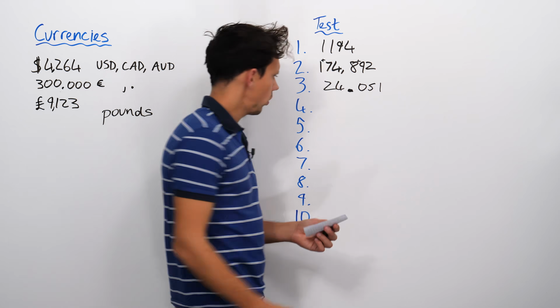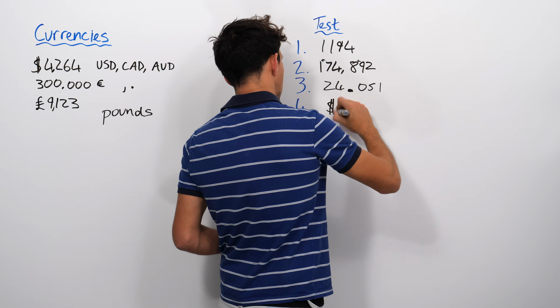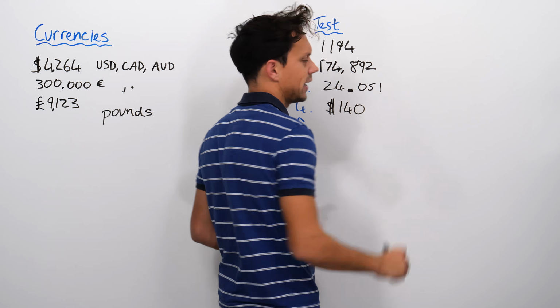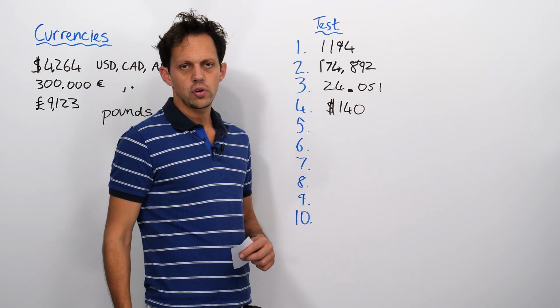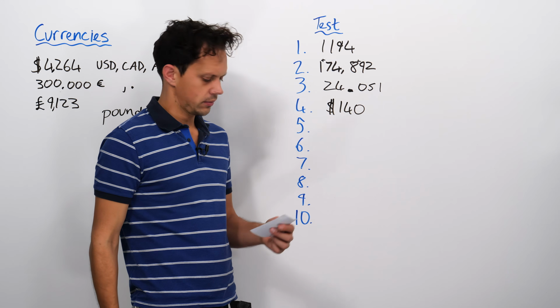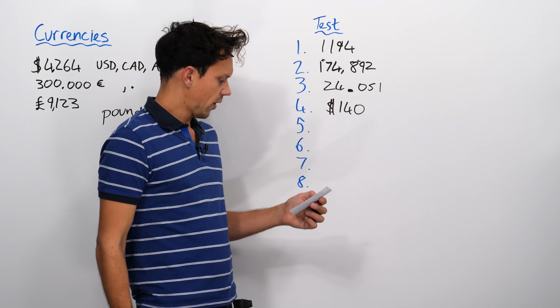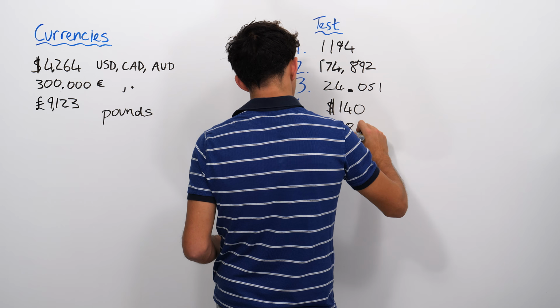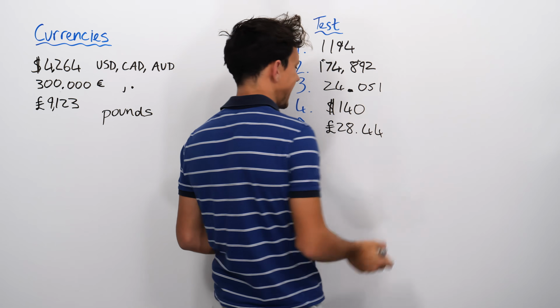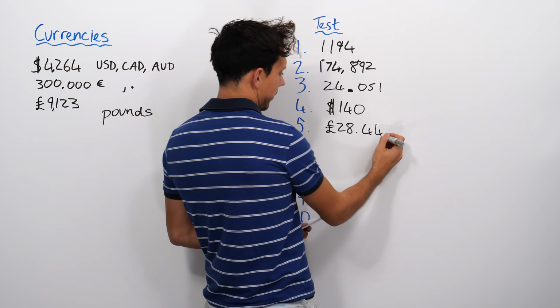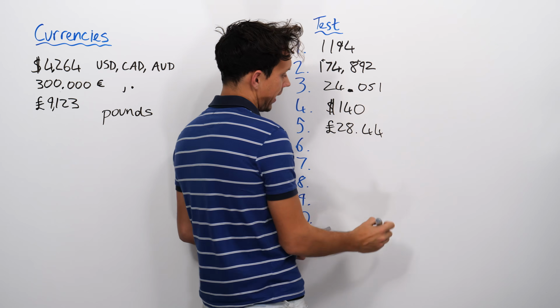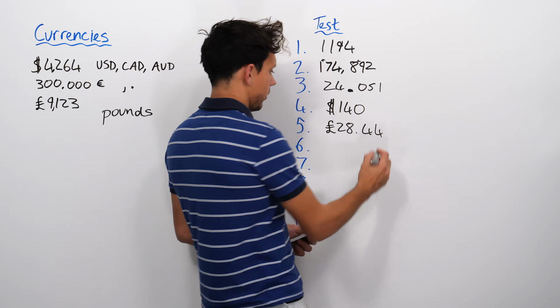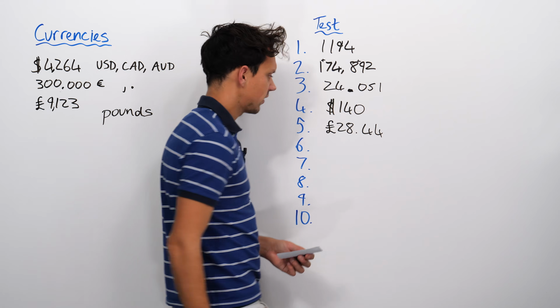Okay, number 4 was $140. Number 5, £28 and 44p. I didn't tell you about p, but p is less than a pound. Okay, so these are the pennies, the pence.